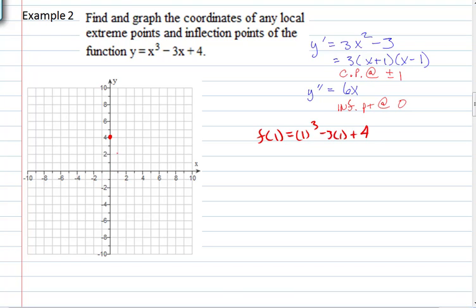So that's a point at 1, 2. And f of negative 1 is negative 1 cubed minus 3 times negative 1 plus 4. So that's 7 minus 1 is 6, right? Negative 1, 6.